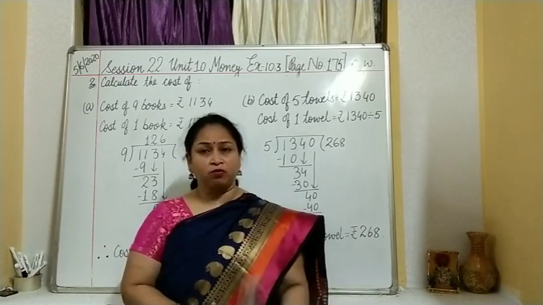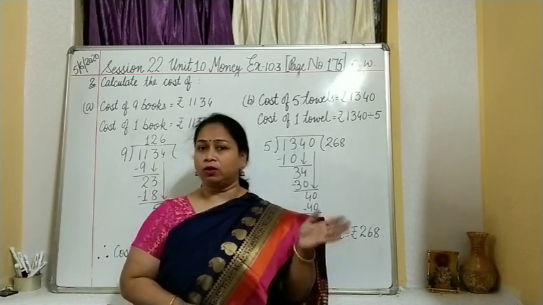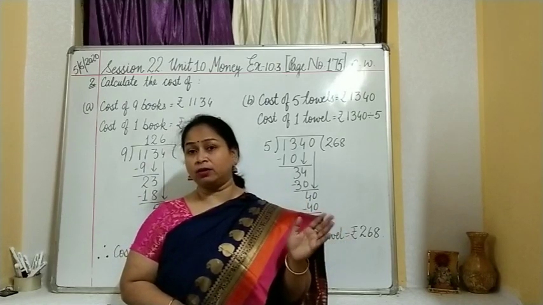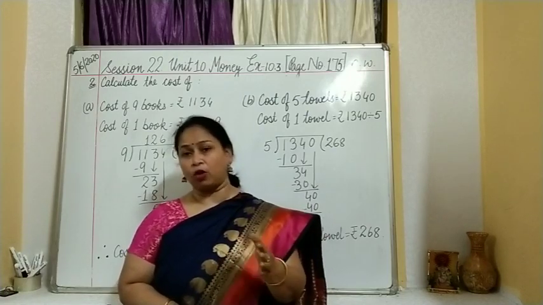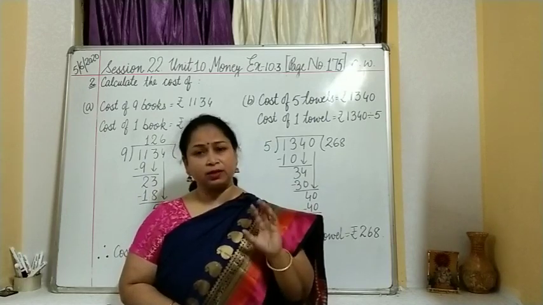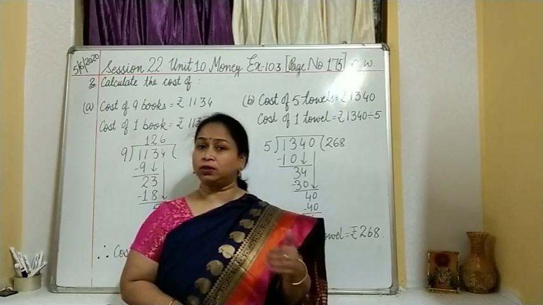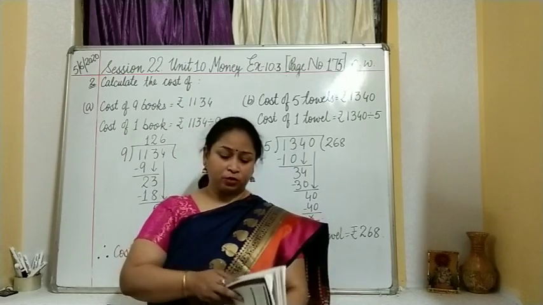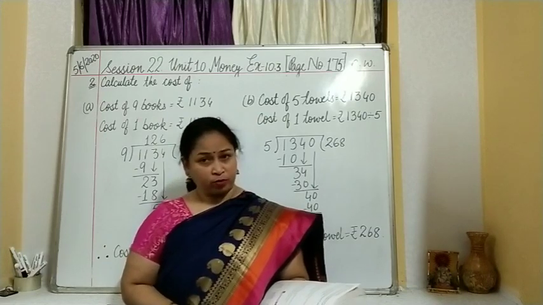There are a few questions on how to multiply, how to divide, how to add, subtract money, that means the rupees and paise column, how you are going to make it. Those are very easy and simple questions. So I am just going to do those questions in the second period. Okay. So this period I will try to cover all the statement problems.